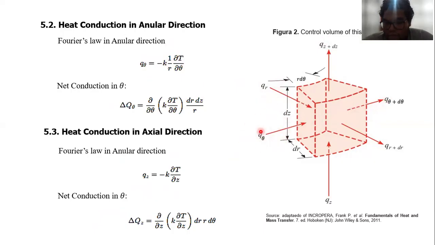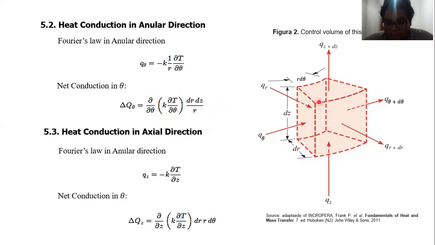We have the inlet Q theta and the outlet Q at theta plus delta theta. So now we have the net conduction in theta: delta Q theta is a variation with respect to theta of k times the gradient of temperature, but this time with respect to theta, times an area.